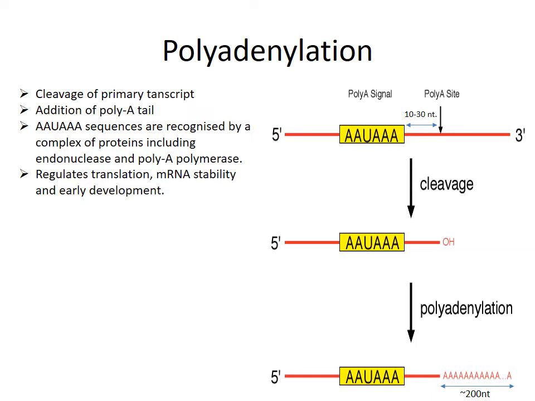Now we can see that the first two events of RNA processing have occurred. The first one was 5' capping, and the second one is polyadenylation. What does polyadenylation basically do?